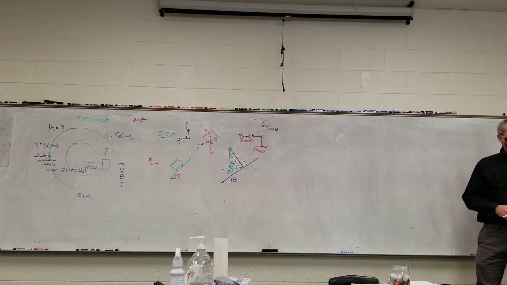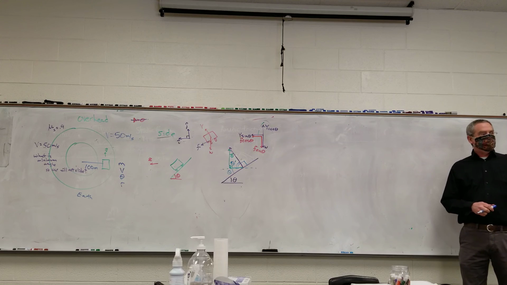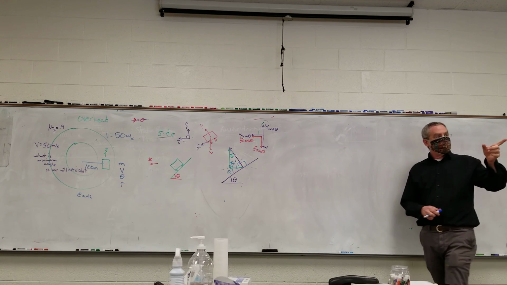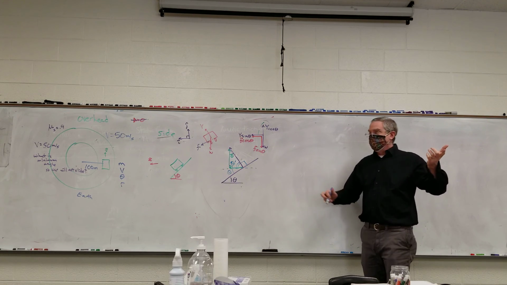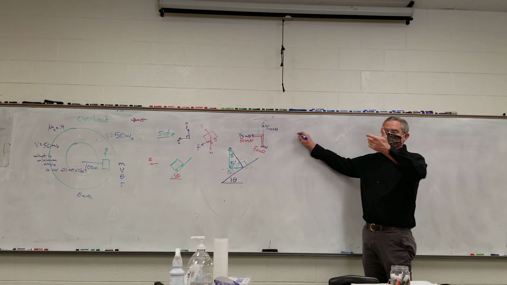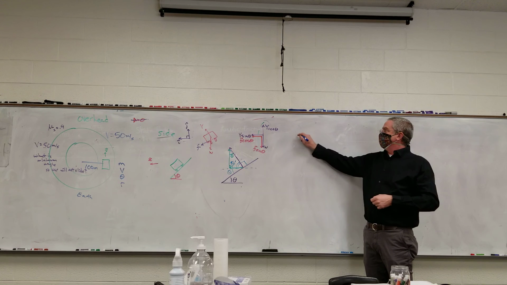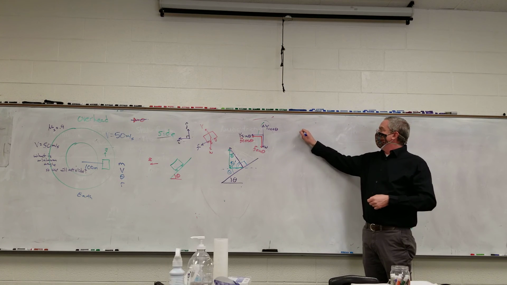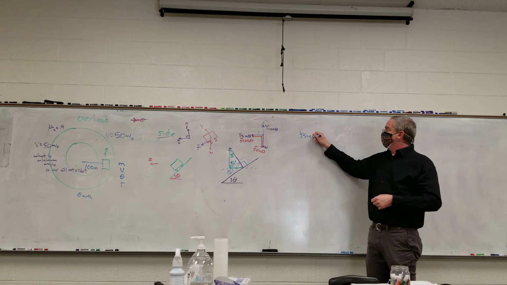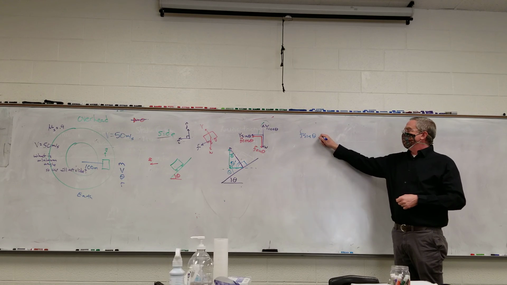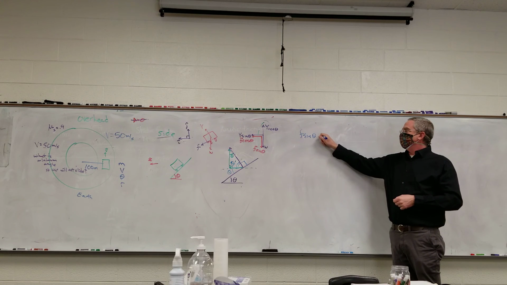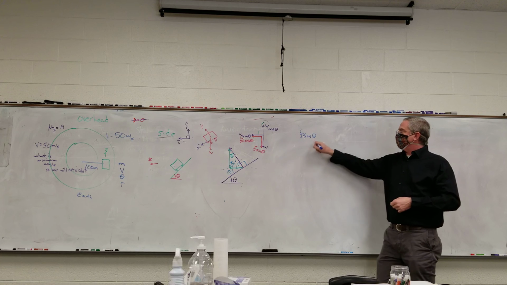All right, I'm going to call on two people here just to see how well it's stuck. Brandon, if you don't mind, I want to start with you to give me one of the equations. And Jacob, I'm going to do you next. So F sine theta equals ma. This one right here.